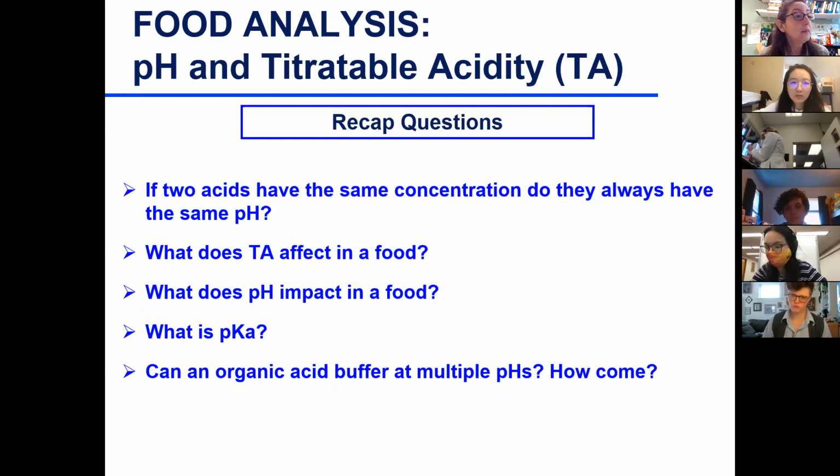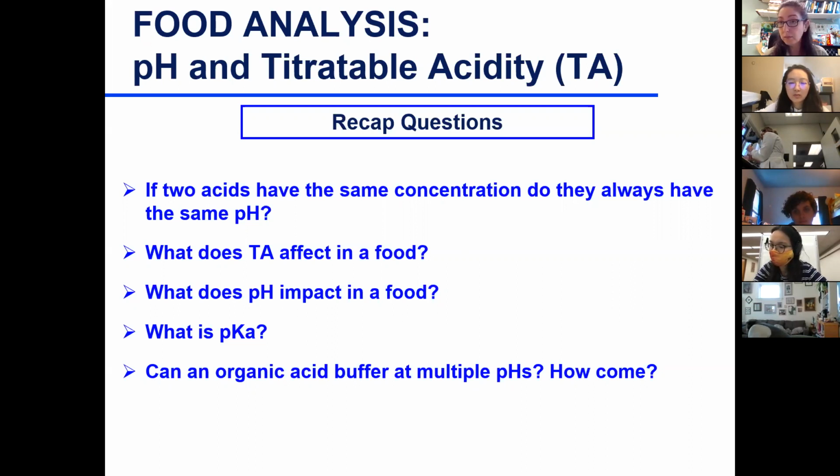Can an organic acid buffer at multiple pHs? How come, if yes? Yes. If they have multiple carboxyl groups, that means multiple COOH. So that's the group that can give up the proton.